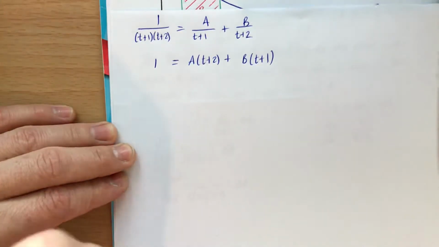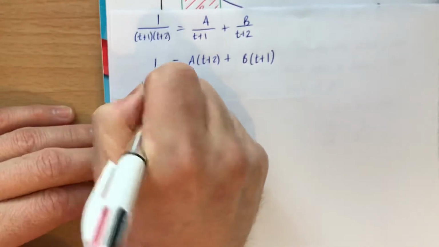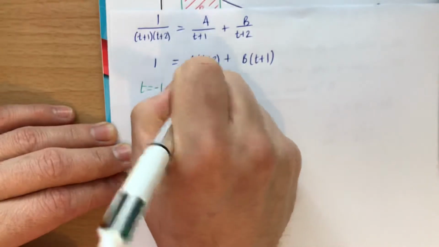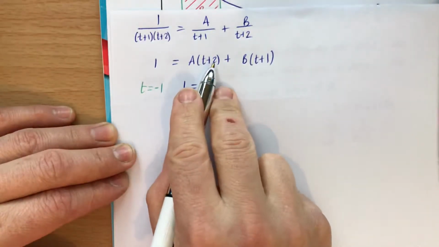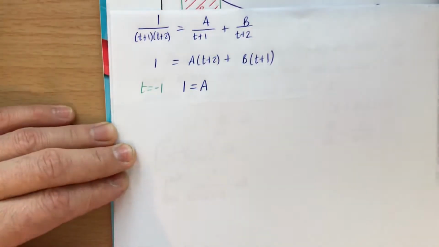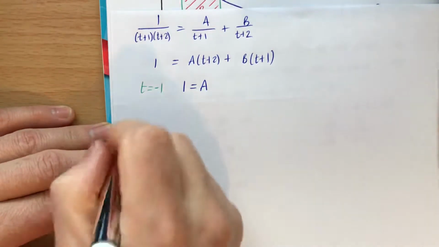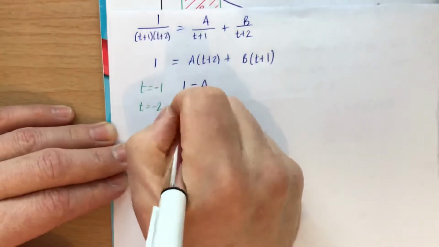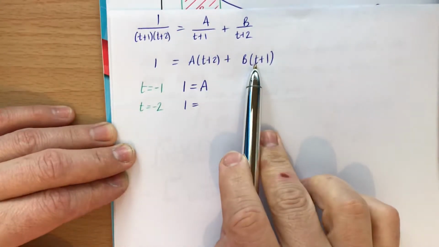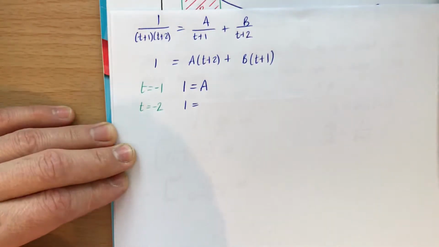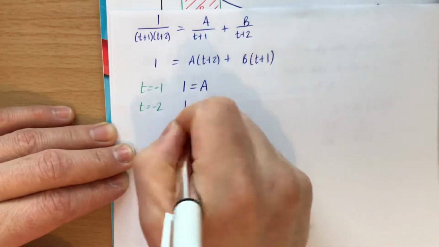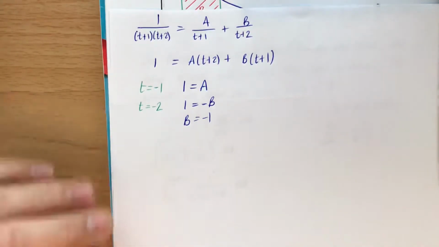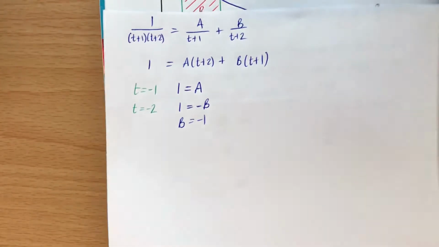Then I'm going to let t equal negative 1, so this is 0. 1 equals minus 1 plus 2, so 1 equals A. Then I'm going to let t equal minus 2: 1 equals B times minus 2 plus 1, which is minus B. So B equals minus 1. So A is 1, B is minus 1.